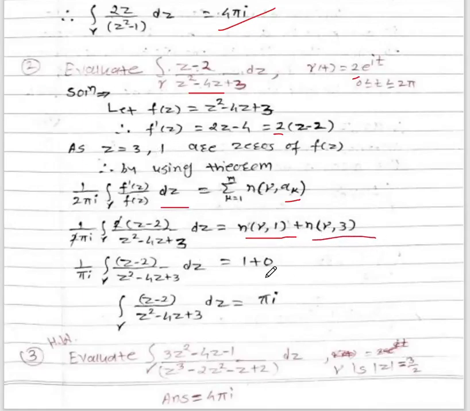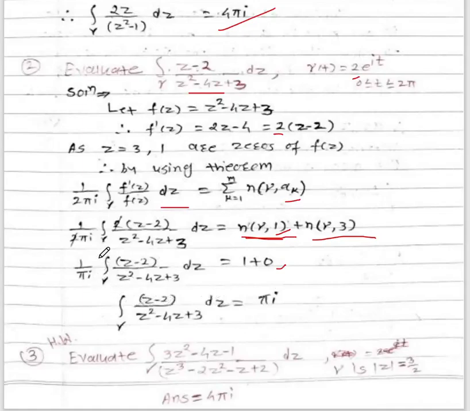Okay, so the index of the closed curve at the point 1 will be 1, because this point will lie inside the circle, as the radius is 2. And for a equal to 3, this point will lie outside of the circle because the radius is 2. So the index of the closed curve gamma at the point 3 will be 0. Therefore the index of this term is 1 and the index of this term is 0.